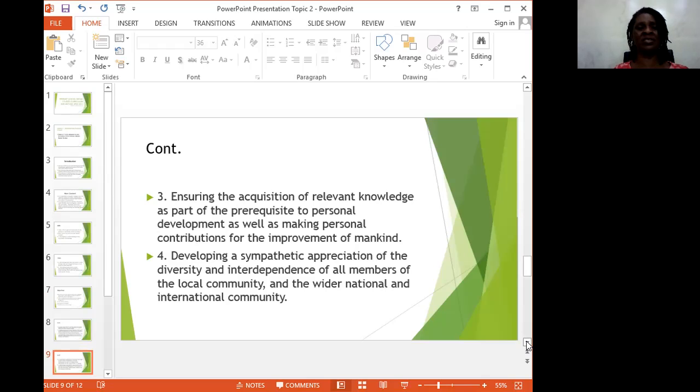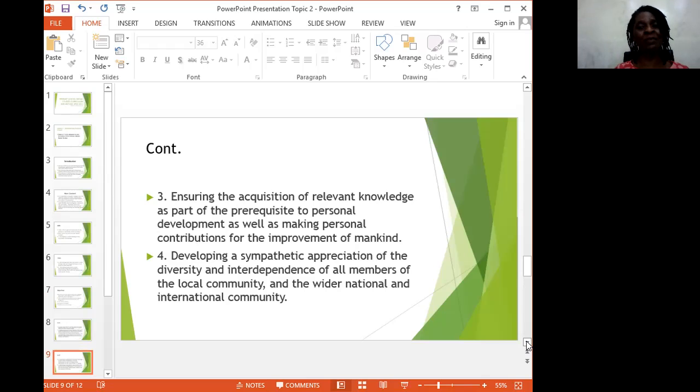The fourth point, developing a sympathetic appreciation of the diversity and interdependence, remember this word, of all members of the local community where he or she lives, and the wider nation, the nation at large, and the international community.